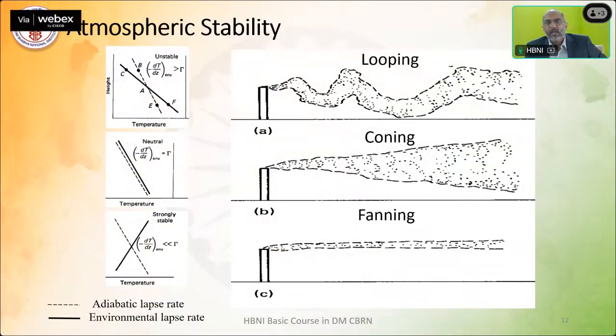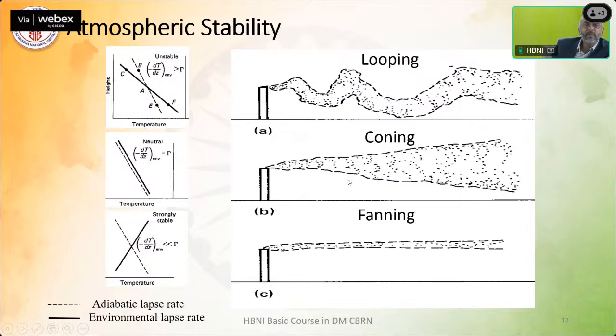I will briefly take you through each of the stability categories and how the plume is going to behave in each case. The first one is the unstable category, where the plume profile we call looping. When it is a neutral stability condition, this sort of plume will be there.